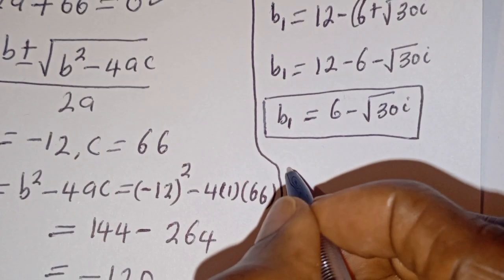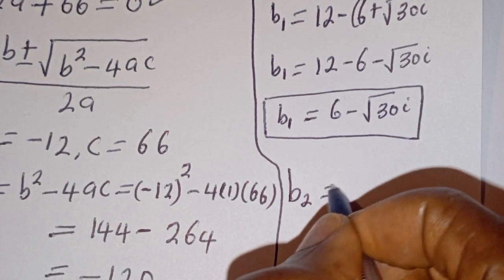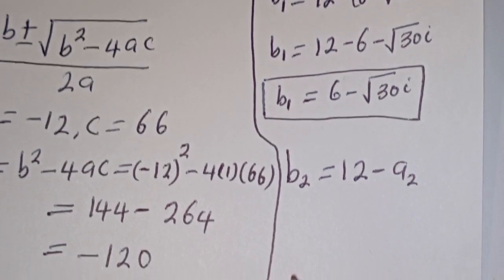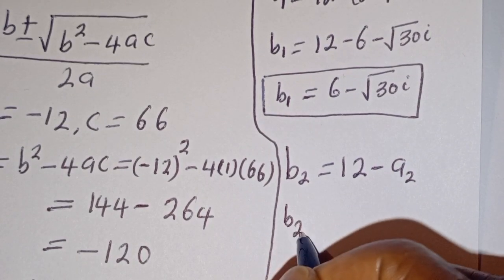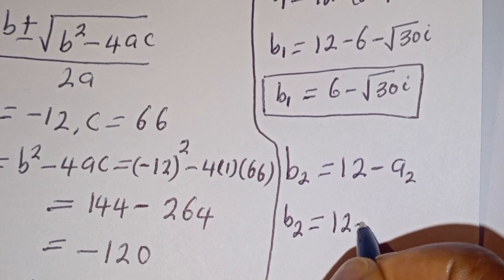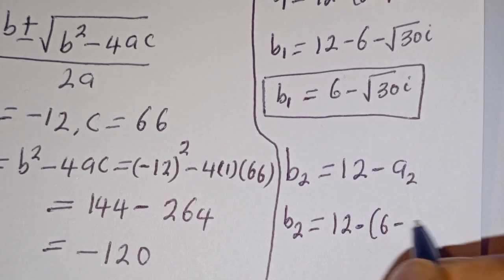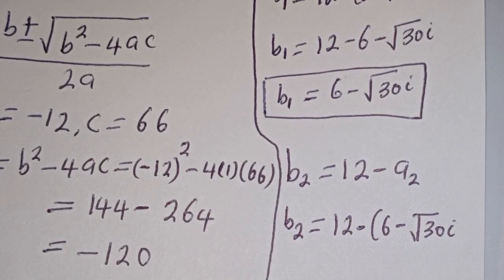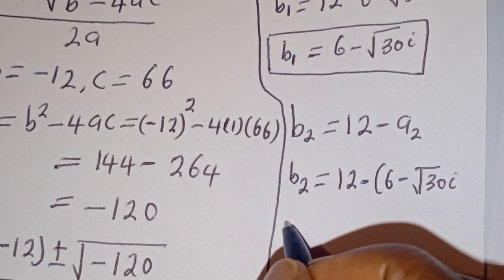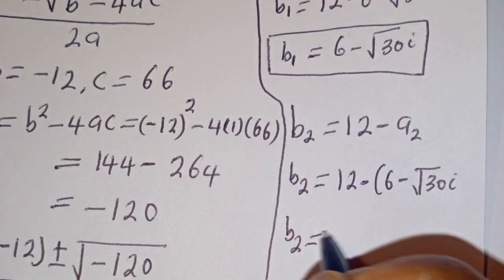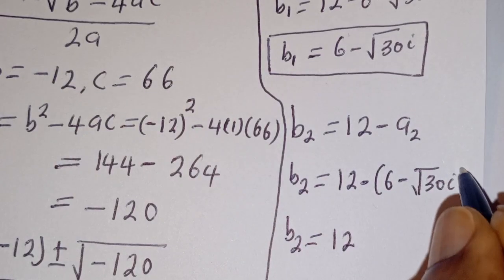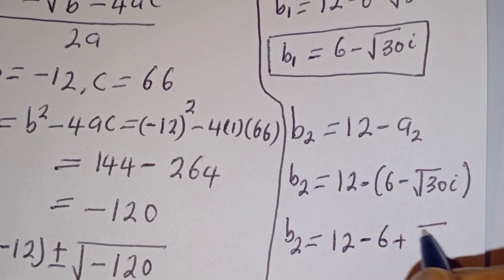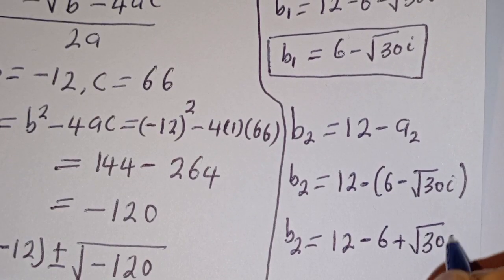Then b2 is equal to 12 minus a2. Now, b2 is equal to 12 minus 6 minus square root of 30i. b2 is equal to 12 minus 6 plus square root of 30i.